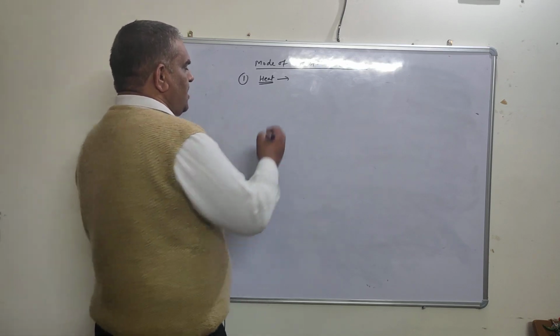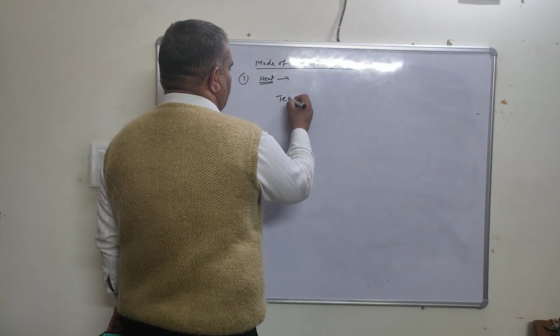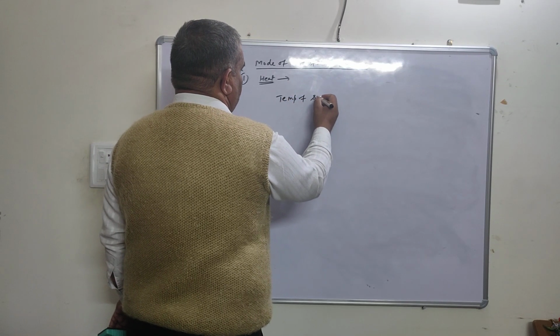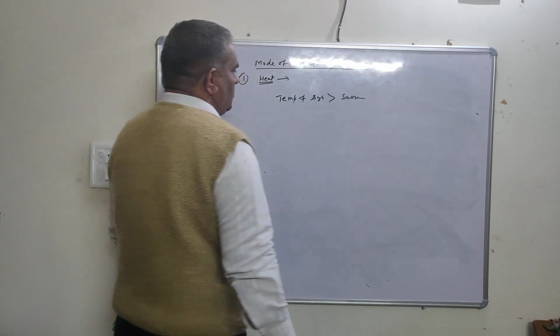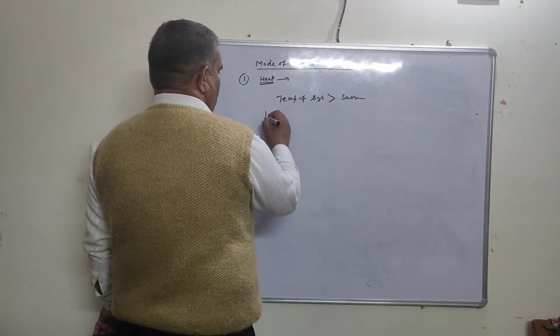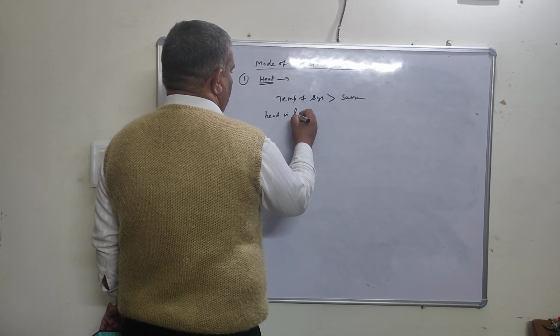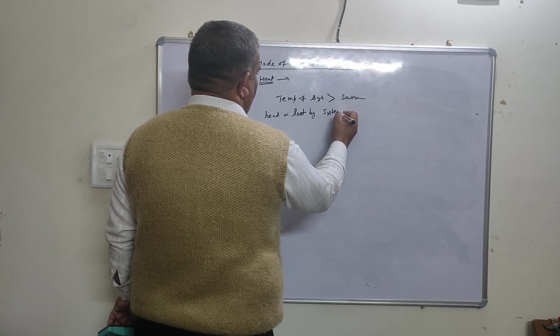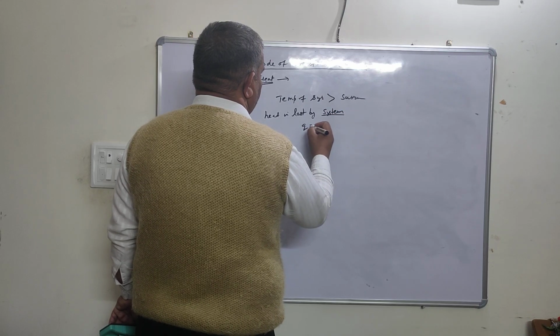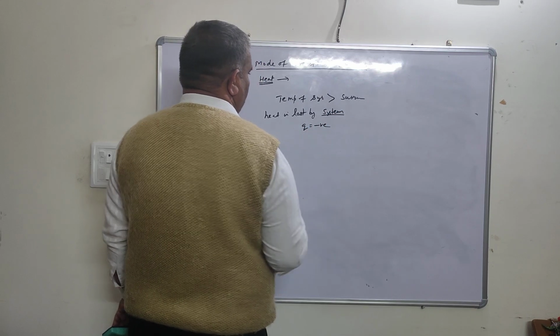If the temperature of the system is greater than the surroundings, heat is lost by the system, and Q is negative.